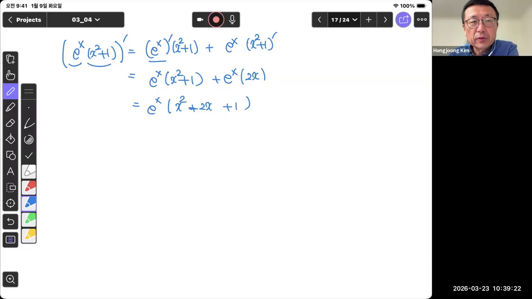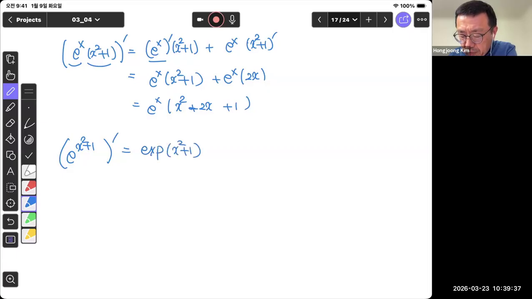If you have the composite e to the x squared plus 1, we have a different story. That is the exponential of x squared plus 1. So the derivative of the outer function, e to the x, is still the exponential function.